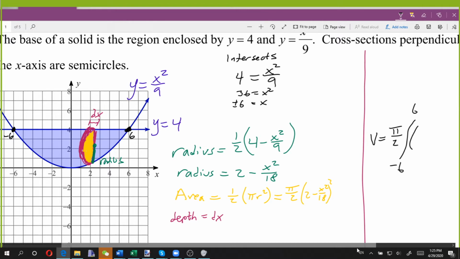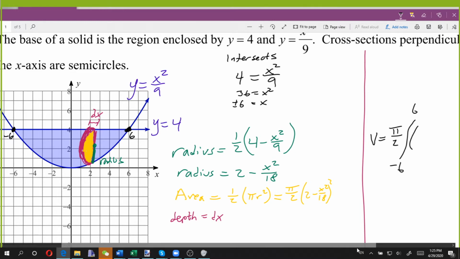We don't have to square just yet, so if you want to throw it in, you can. We've got our area down here in yellow.